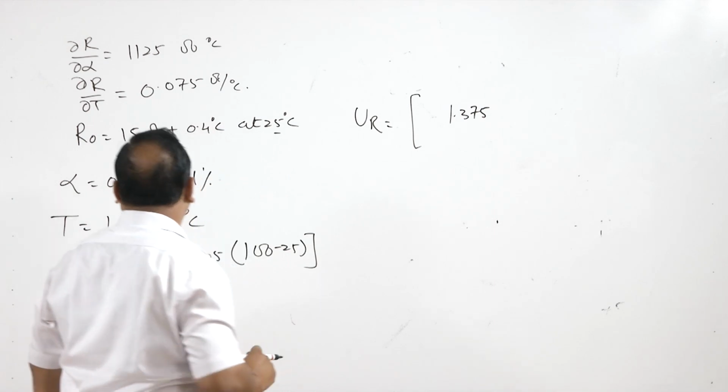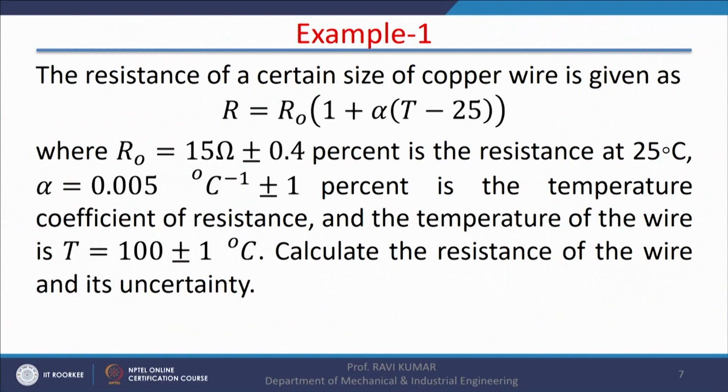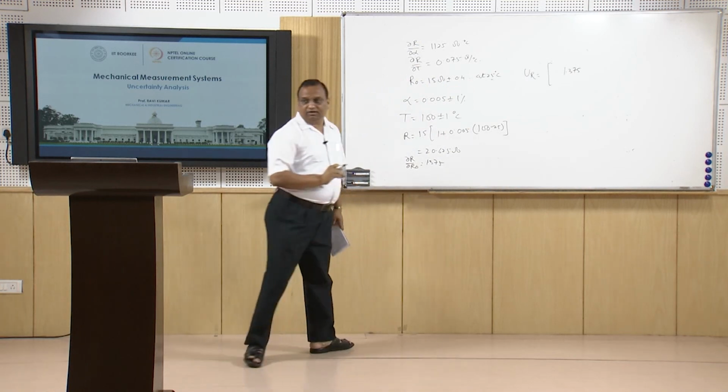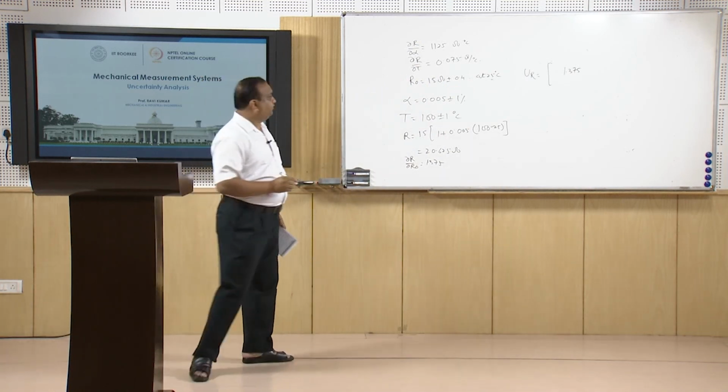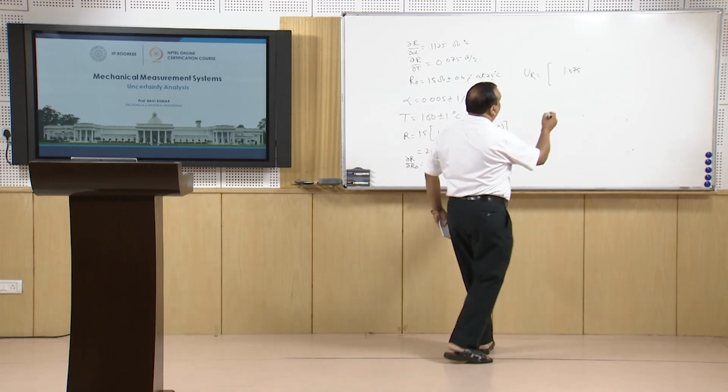The error in the measurement of R0 is 0.4% of 15. This is percent, not degree centigrade. So, it is going to be 0.06.